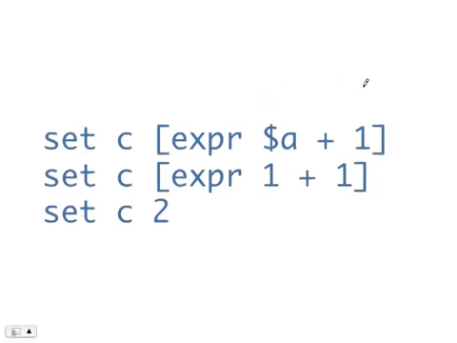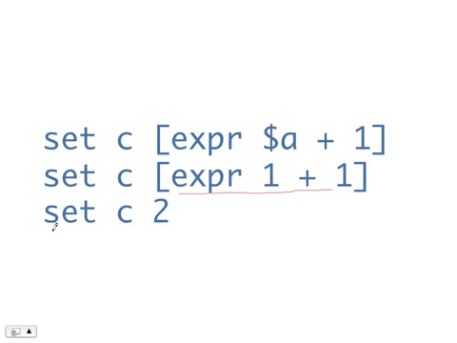For example, suppose Tcl encounters the command set c, open square bracket, expr $a plus 1, close square bracket. Tcl will first replace $a with 1. This is a variable substitution just like before, and then it will execute the command expr 1 plus 1, which evaluates to 2.